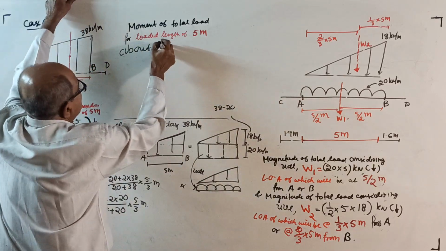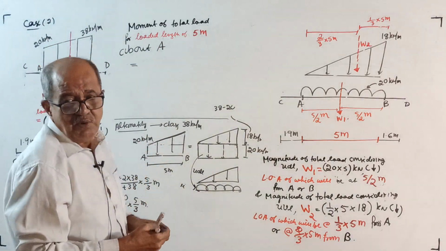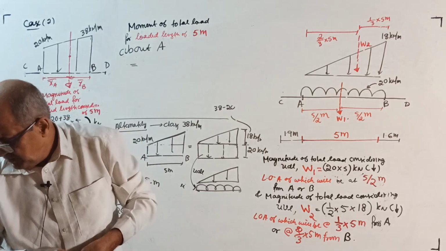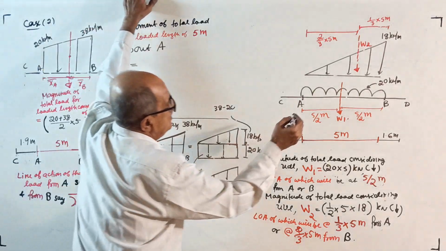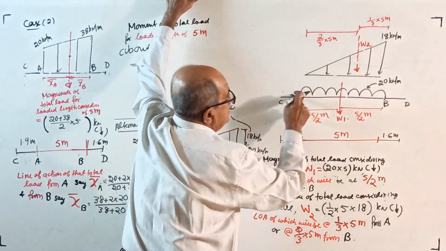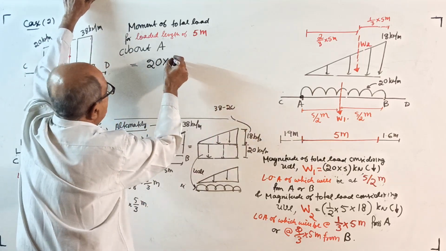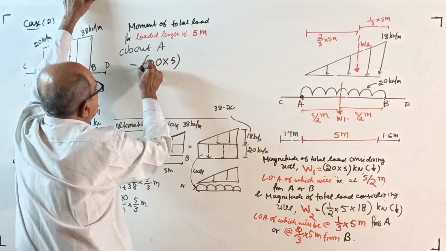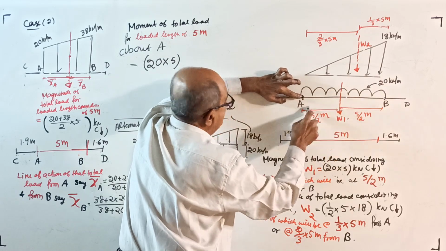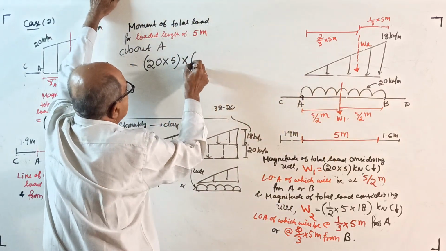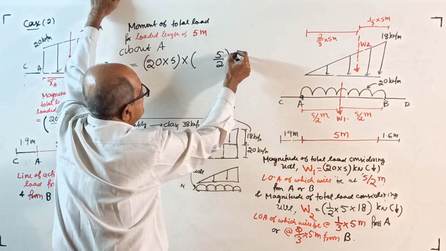Moment about A equals, see now be careful, I think I have to put some ink. Okay, I'll try some other pen. It is working. Equals, see, moment about A. This UDL first. 20 kilonewton per meter for 5 meter total load. See, 20 into 5 is the load into 5 by 2, into 5 by 2. Don't worry about the gap.